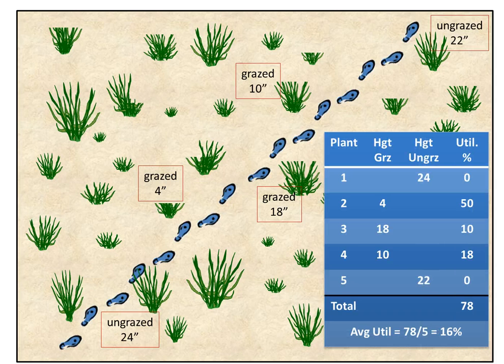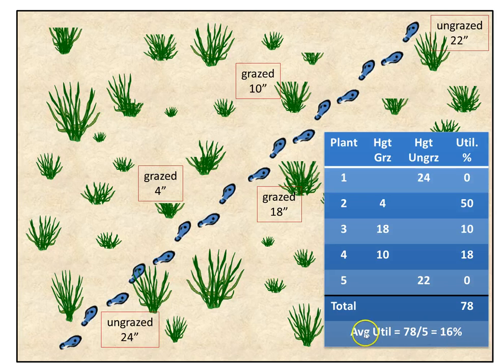The way we would analyze these data, and again, this is a very small data set with only 5 plants, we can see that we come up with an average height of the ungrazed plant, and based on that, we would use either a conversion table or a gauge or a curve, and based on the average ungrazed height, we know that a plant that has been grazed to 4 inches shows 50% removal of its biomass.